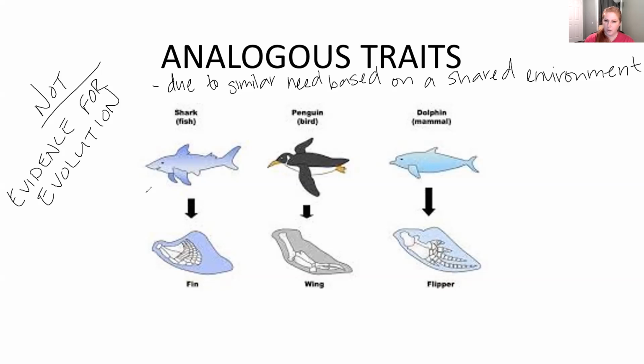These have different bone structures and are not believed to come from a common ancestor. Rather, it's thought that their environment, which is water, is what led to the development of these traits that are similar but not the same. Okay. Homology, shared ancestor. Analogy, shared environment, but not shared ancestry.